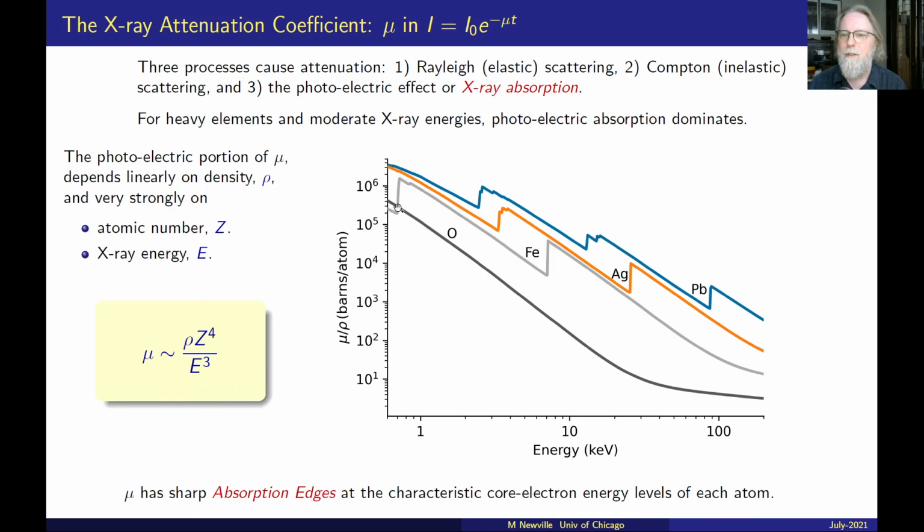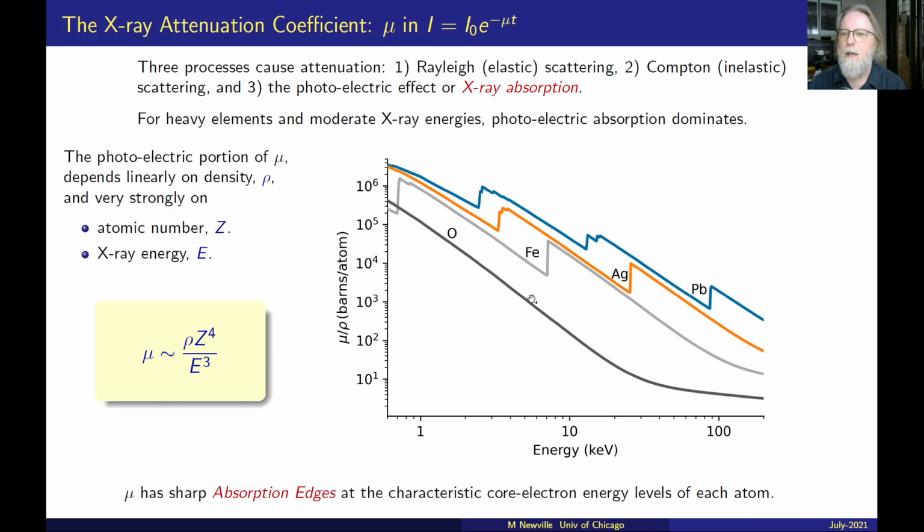So here is the X-ray absorption mu divided by density over 5 orders of magnitude in mu, and over 2 orders of magnitude in the typical X-ray energy regime for oxygen, iron, silver, and lead.